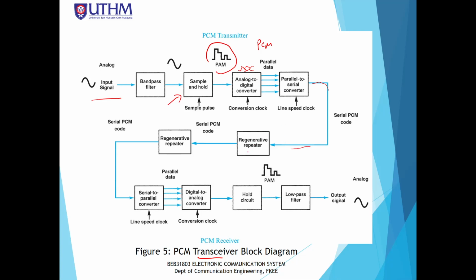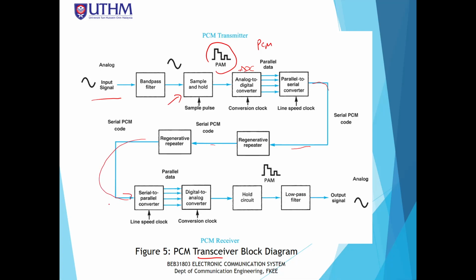Since the distance between transmitter and receiver is very far, we can use a few repeaters to regenerate the signal, so that we can transmit over a longer distance.